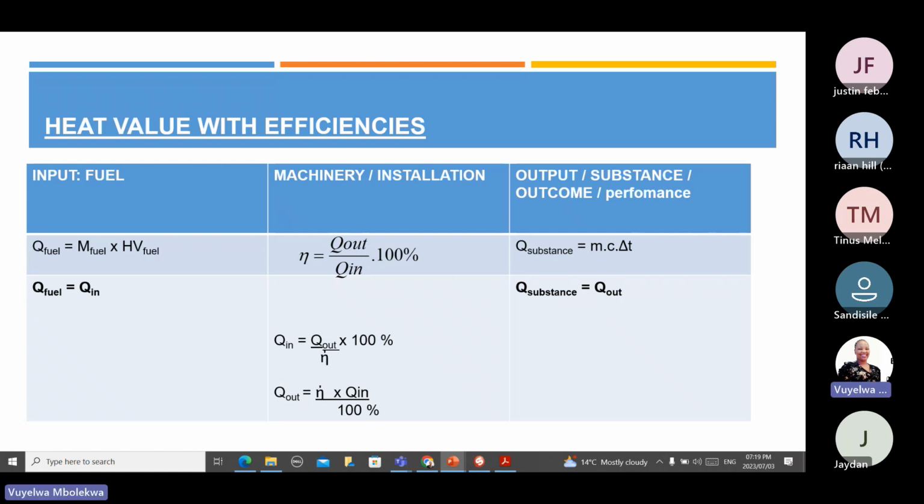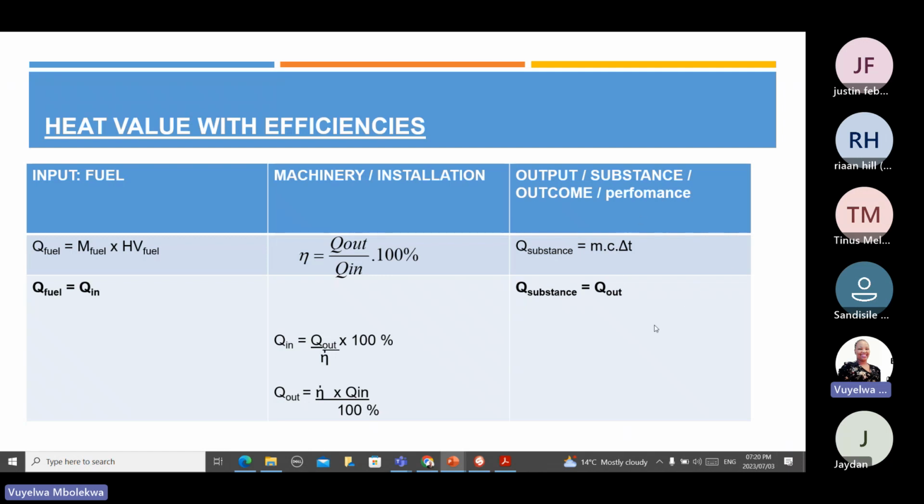I found that working with this framework helps a lot because your fuel is always the input in your system. Then it works through a machinery to deliver the results. So the results will be your output or your substance that was being heated up, or in the case of an engine, will be the performance of the engine.